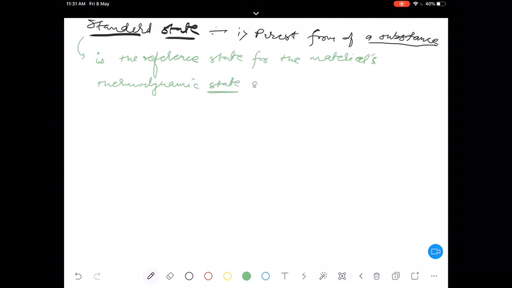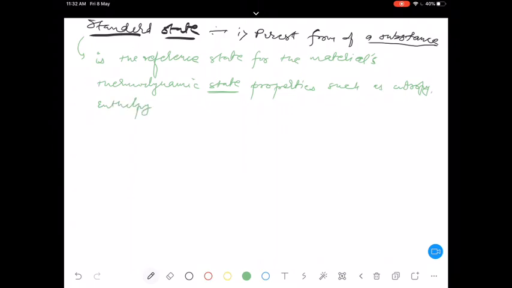Again we are writing state properties such as entropy, enthalpy, delta G, etc., or for various other measurements.